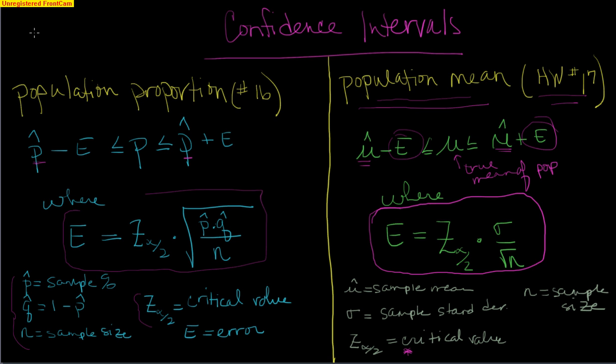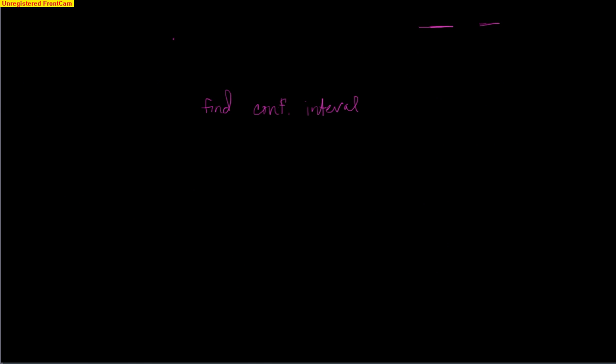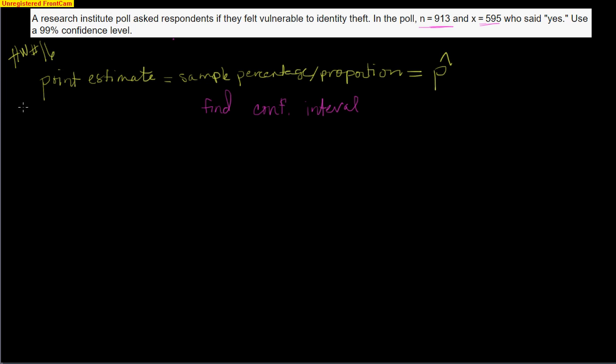The formula for the error is there, and those are all the parts that we need to find: the sample percentage, the Q, the sample size, the critical value, and then ultimately the error. So let's go back to the question. We need to find P hat, Q hat, N, the critical value, and ultimately the error.